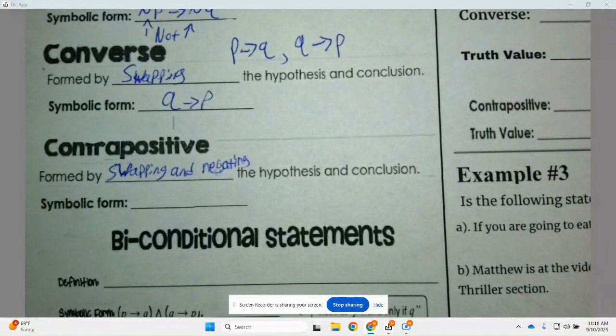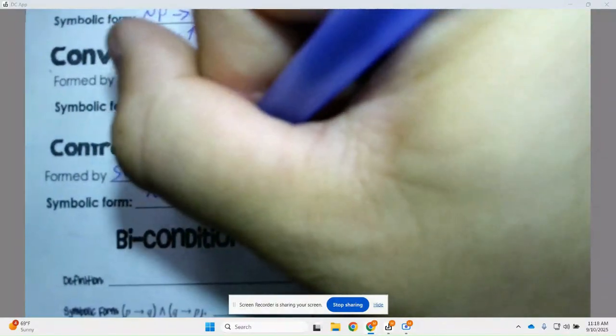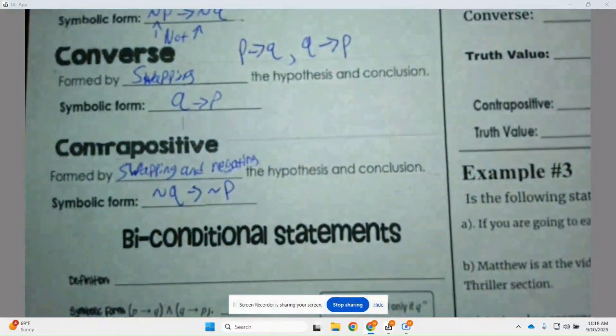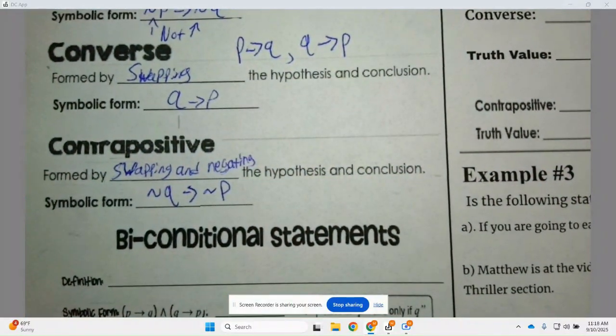Or in other words, negating the hypothesis and conclusion of the converse. And so we write this as not Q goes to not P. We're going to swap and negate the hypothesis and conclusion.